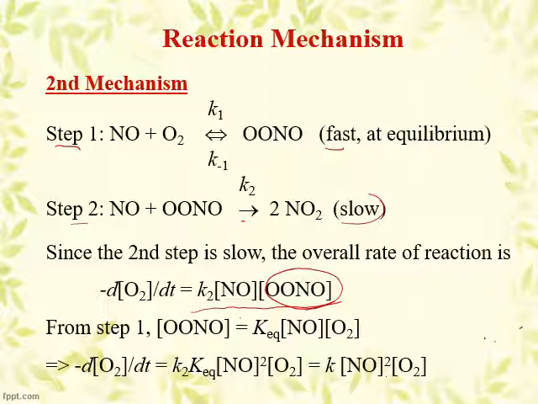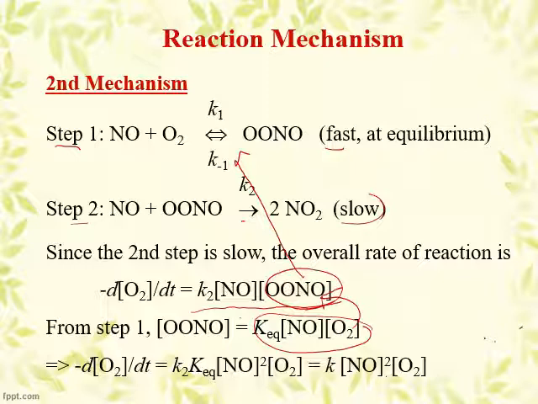So we have to replace this using the first step, the fast step. From step 1, which has been simplified for you, OONO is equivalent to K equilibrium times NO O2.